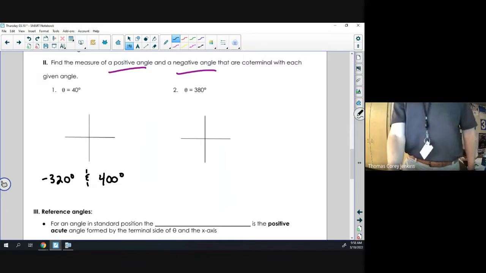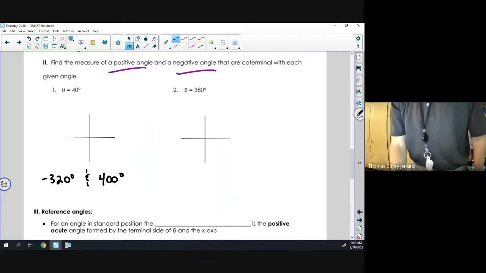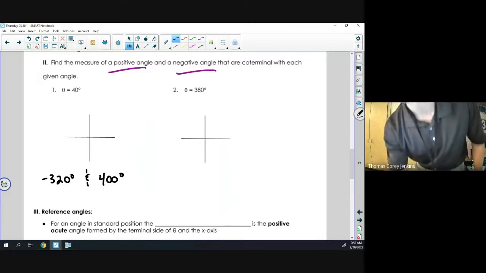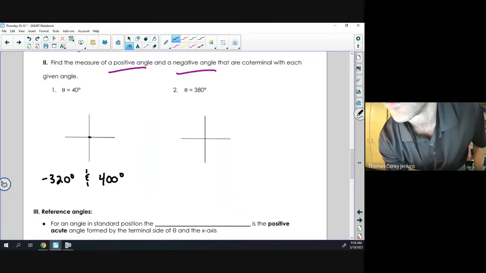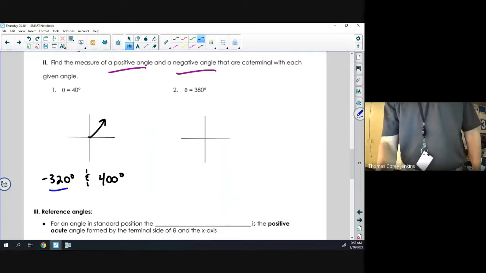All right, so again, I could quickly diagram that if I wanted to. I'm not going to diagram another one, but draw close to a 45-degree angle. So something like that. And you could quickly diagram your negative 320. We'll do that in blue. It would be not quite a full turn in that direction.